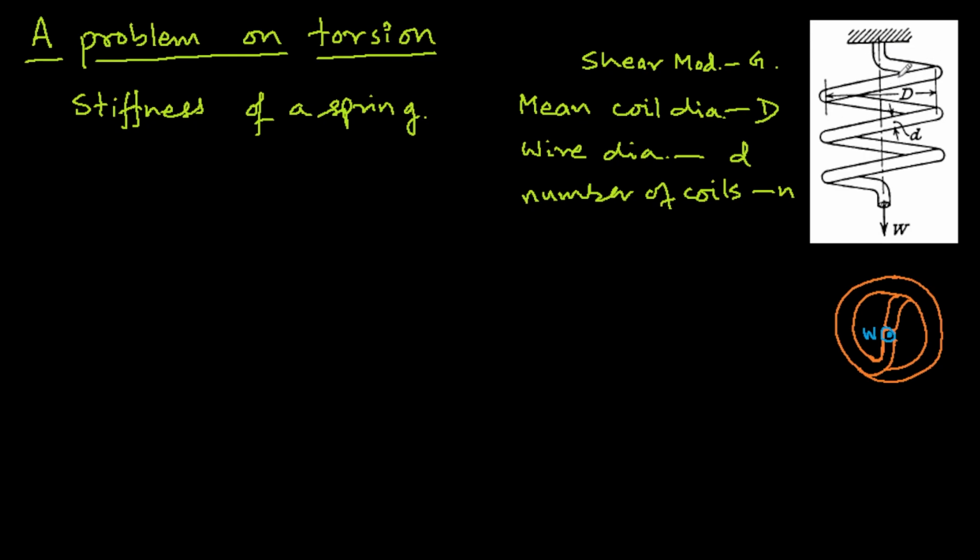So now, in this picture, you are seeing a spring which is generally called a closed coil helical spring.